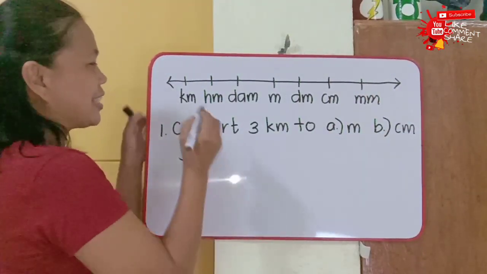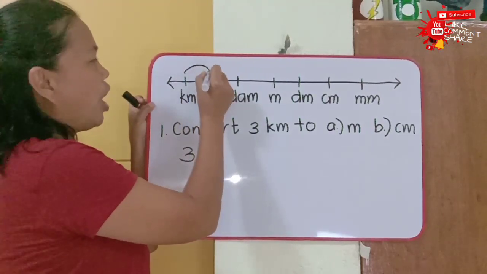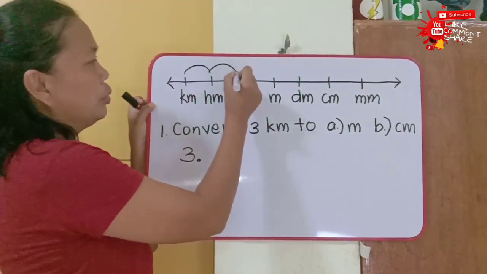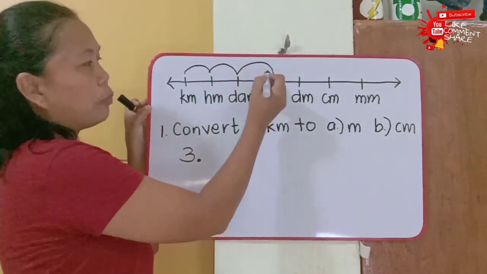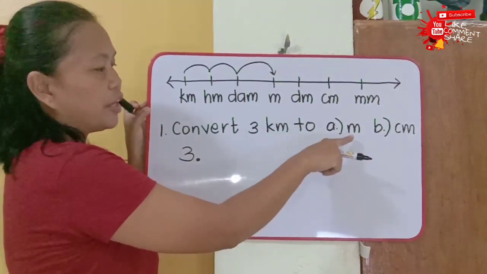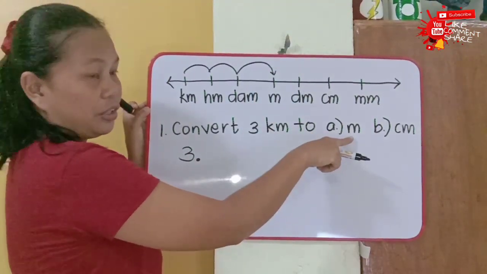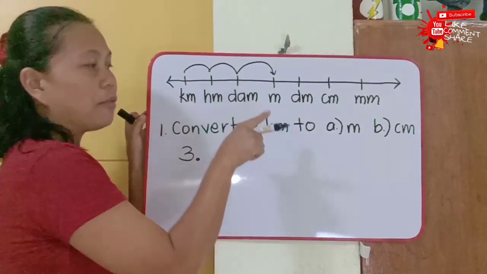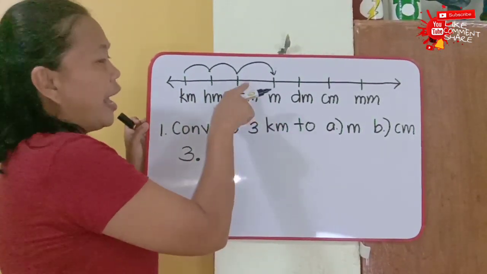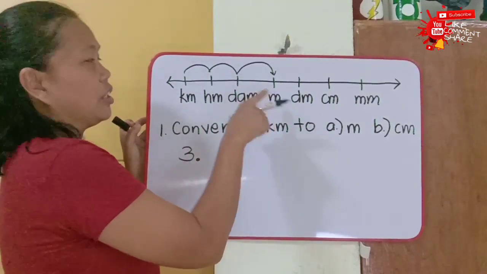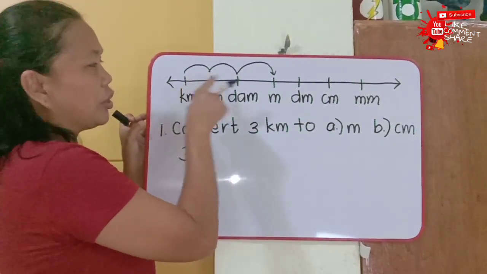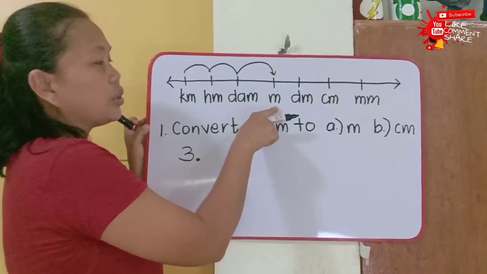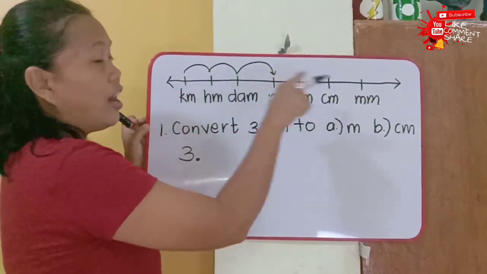Let us count. We have 1, 2, 3. We stop at meter because we have to convert from kilometer to meter. So we have 3 units, or 3 decimal places. Then find the direction. Since we start with kilometer and end up with meter, the direction is to the right.